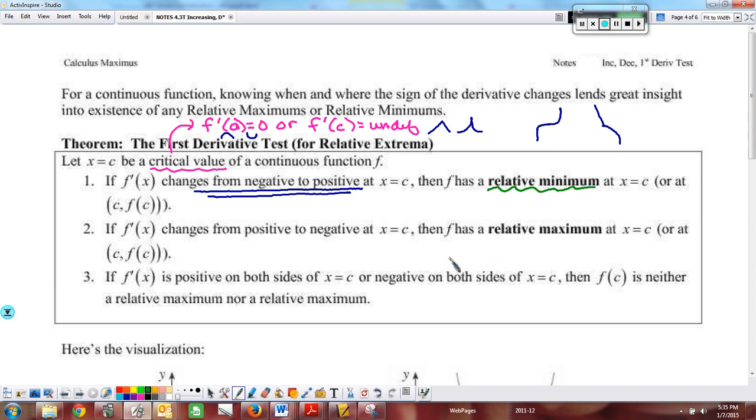So I use the test for increasing and decreasing to determine that part, and then I look at whether it changes from positive to negative or negative to positive. If it changes from positive to negative, then we have a relative max, and if it doesn't change, it's positive on both sides or negative on both sides, then it is neither a relative min nor a max.